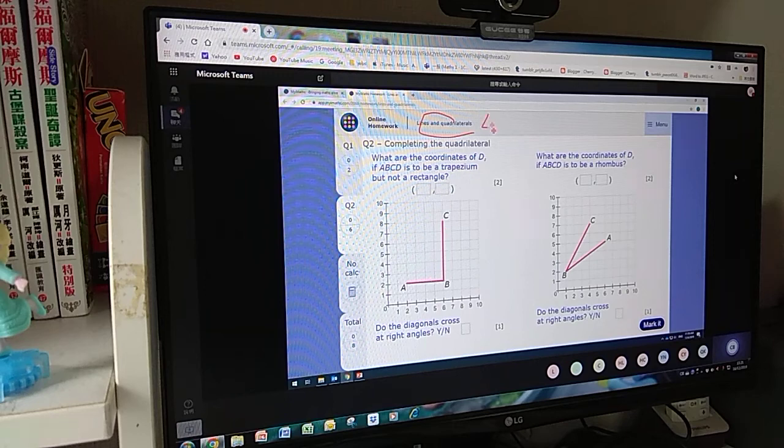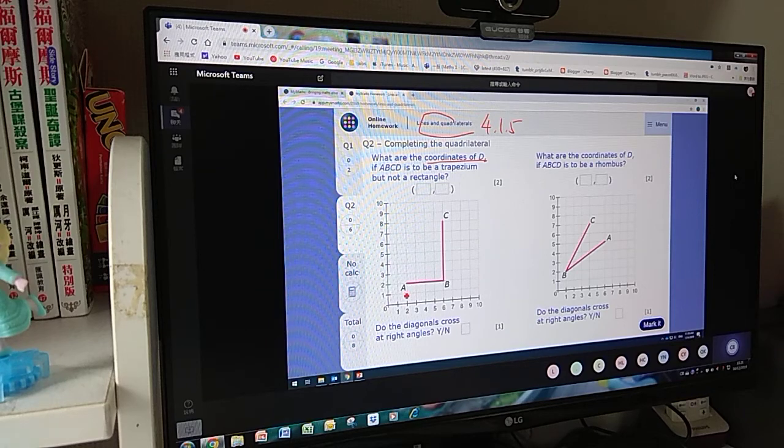And then for the second one, we have to complete the quadrilateral. So actually we have point A, point B, point C. If ABCD is a trapezium, but not a rectangle, what would be the coordinate 這個坐標 of point D?